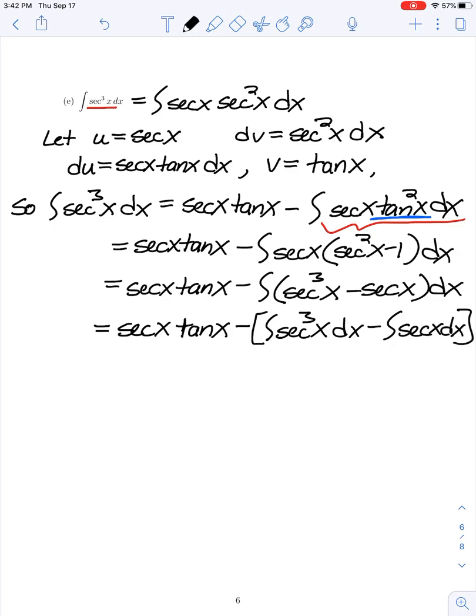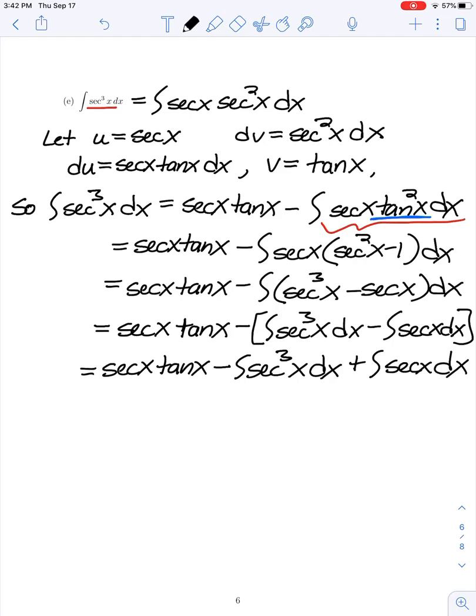And I was subtracting that quantity. So distributing the negative, I have secant x tangent x minus the integral of secant cubed x dx. And then minus the negative gives me a positive integral of secant x dx.